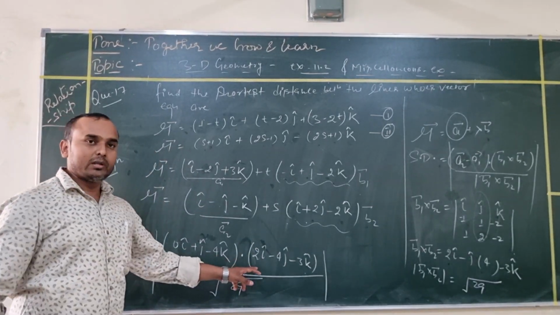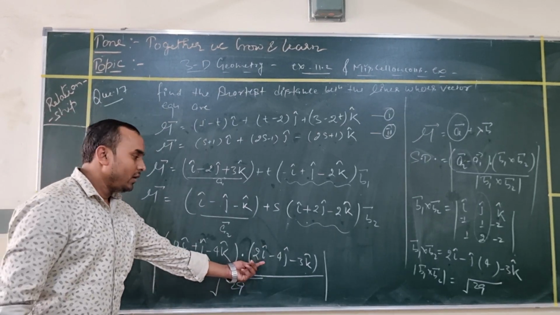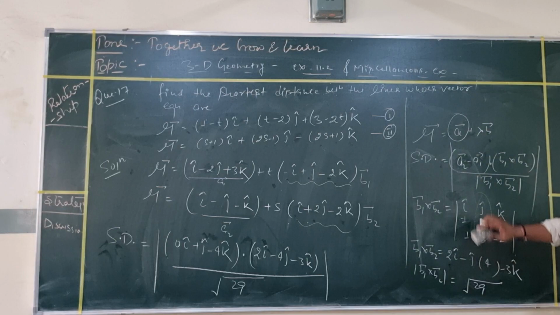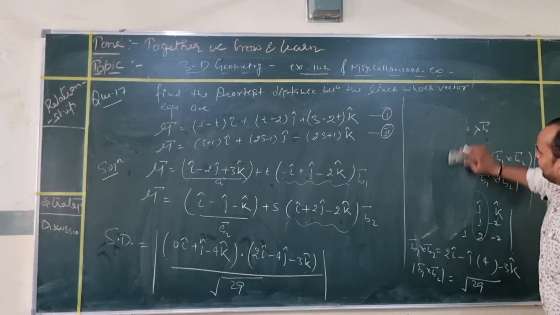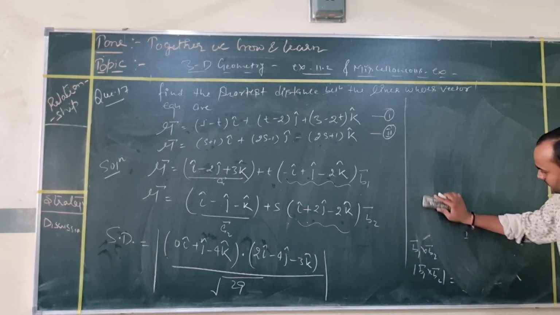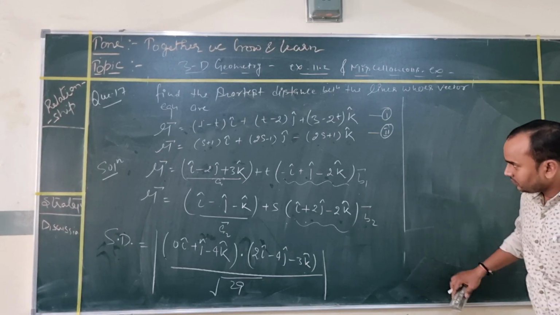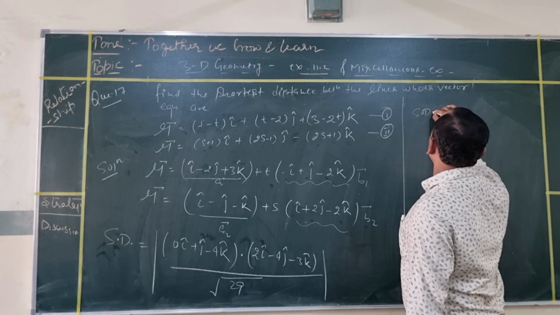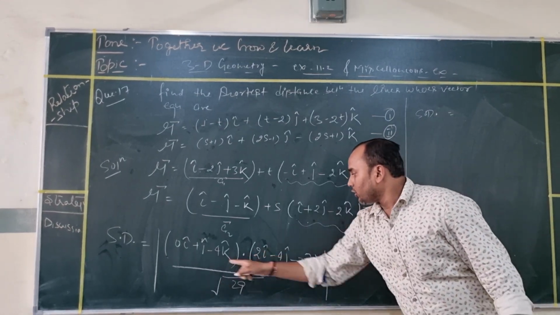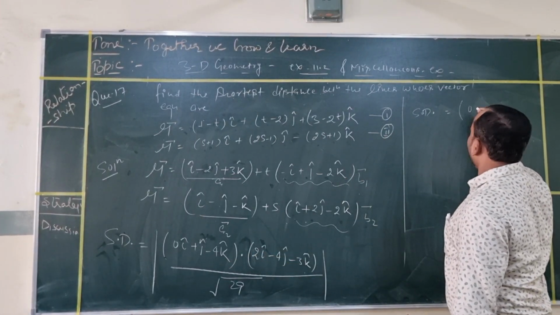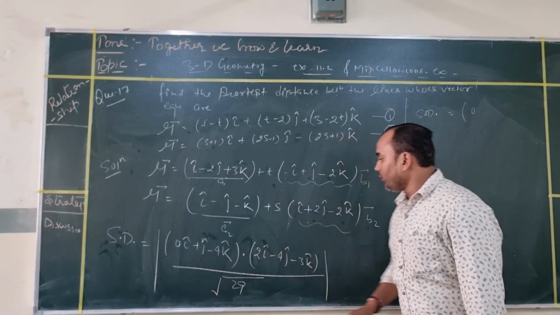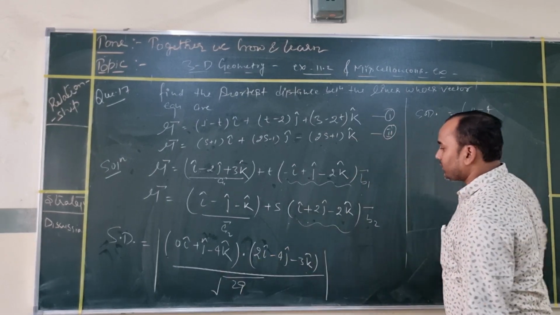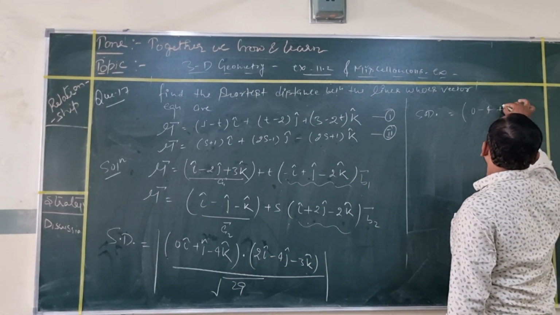Now by the dot product of the two vectors, SD, that is the shortest distance between the two lines, is 0 into 2, that is 0, minus 4 into 1... I mean minus 4 into minus 4... minus 3 into minus 4, that is plus 12.